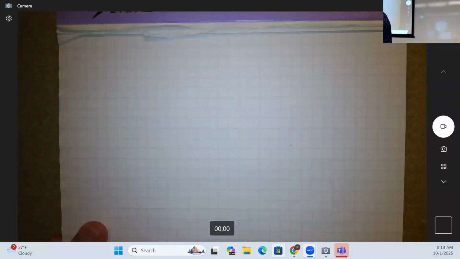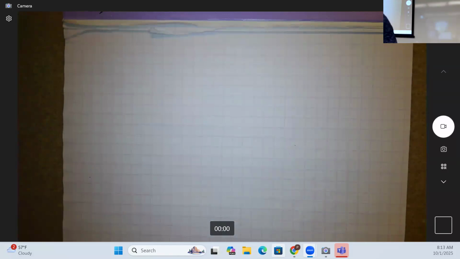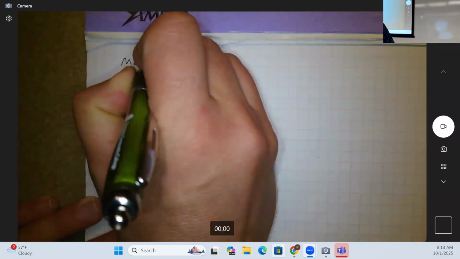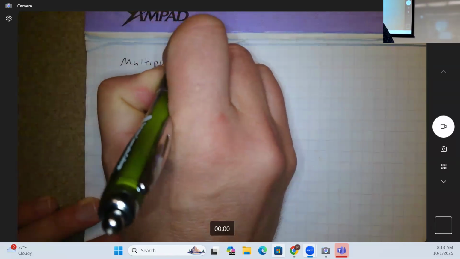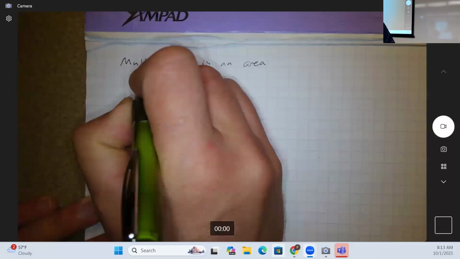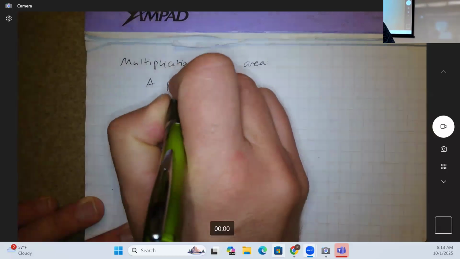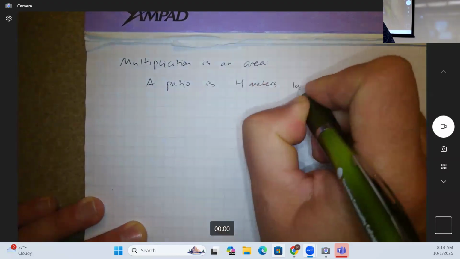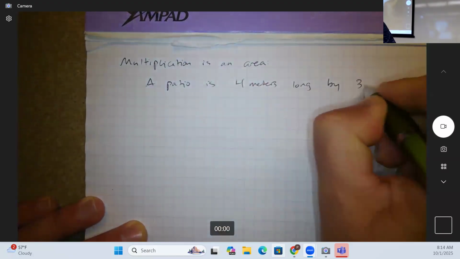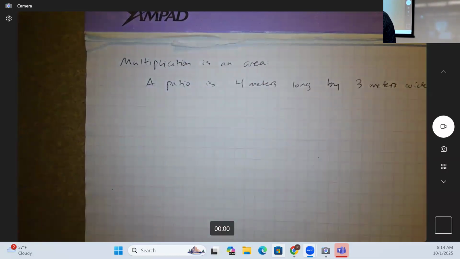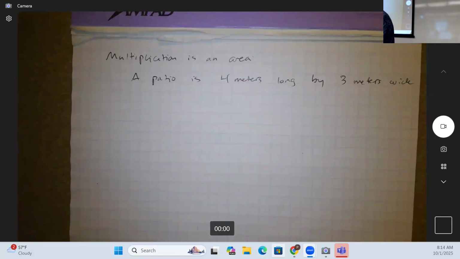Let's do an example of thinking of multiplication as an area. So I'll rewrite it here. A patio is 4 meters long by 3 meters wide. I'm picking those numbers again so we can reinforce the 4 times 3.